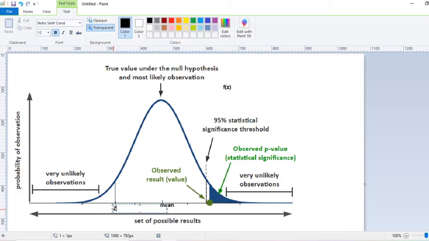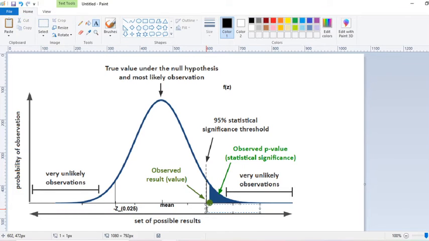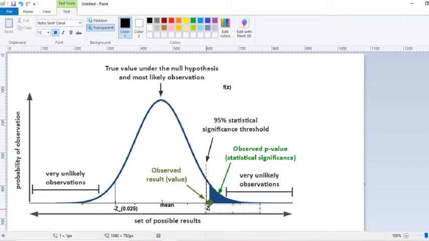This point can be denoted as minus z suffix 0.025, and let this point be z 0.025.